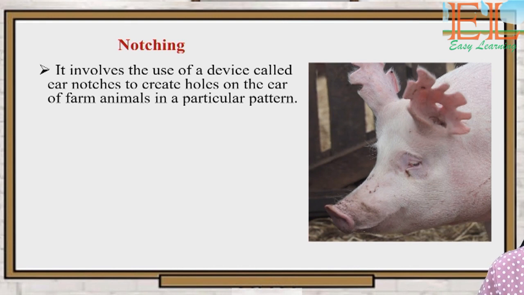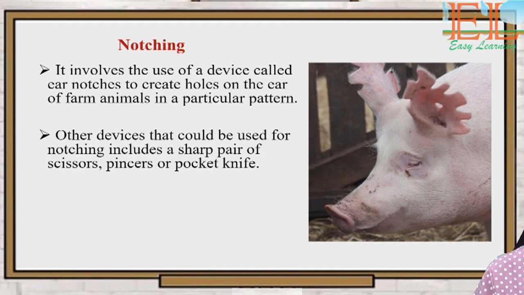So all those designs have meanings: the mother, the pen, the number that this particular one has reached. It shows what's been done. Other devices that could be used for notching include a sharp pair of scissors, pincers, or a pocket knife. We can use those also to do the various cuttings.